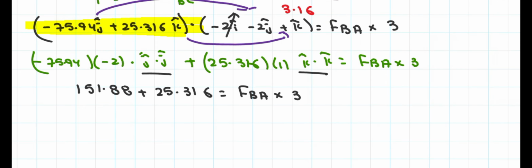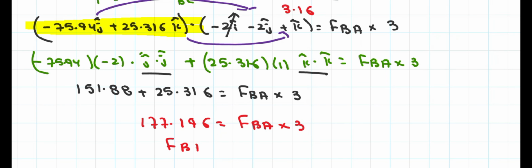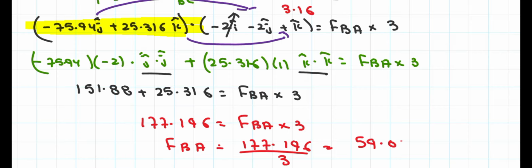So 151.88 plus 25.316 gives 177.196, which equals FBA times 3. So FBA equals 177.196 divided by 3, which gives 59.06 pounds. So we successfully found the projection of vector F along the BA segment.